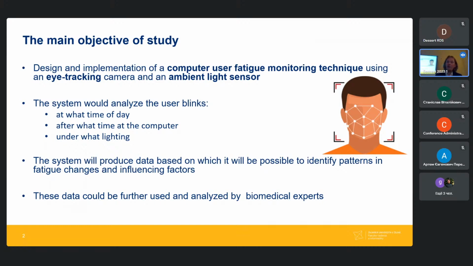The system will analyze user blinks and record at what time of day we are blinking, after what time in computer use, or under what lighting. The system will produce data based on which it will be possible to identify patterns in fatigue changes and influencing factors. This data could in the future be analyzed by biomedical experts.